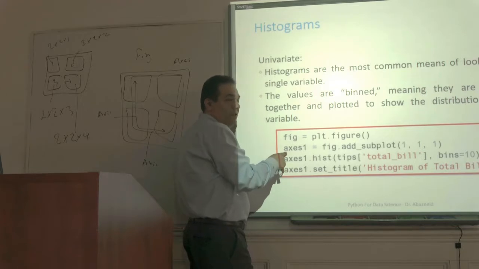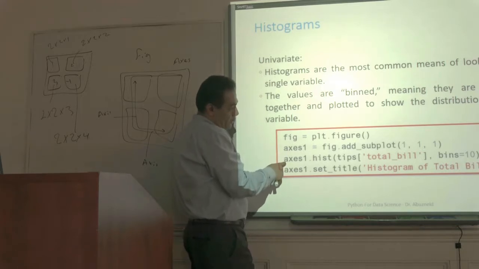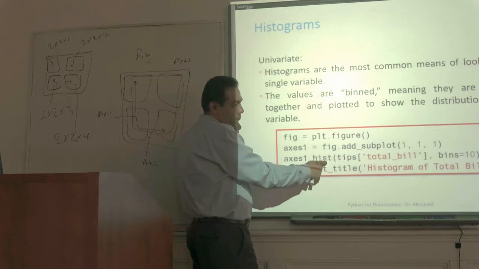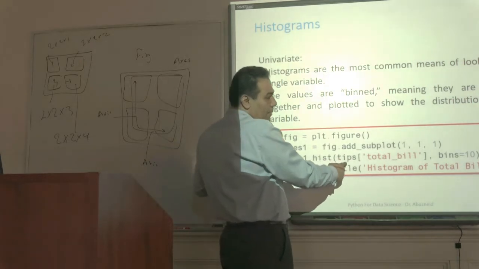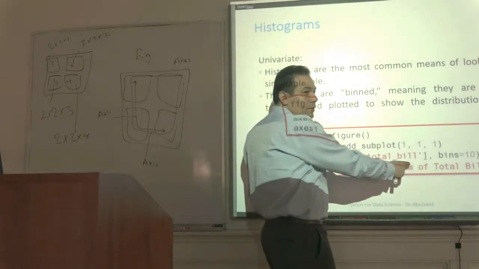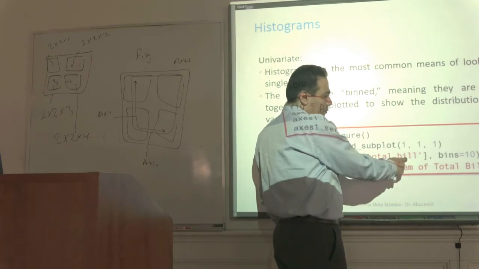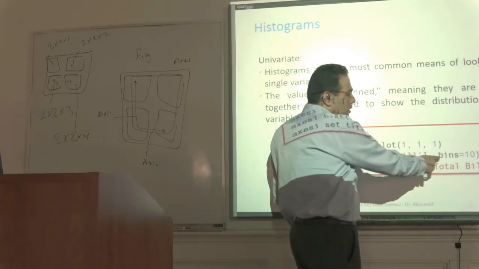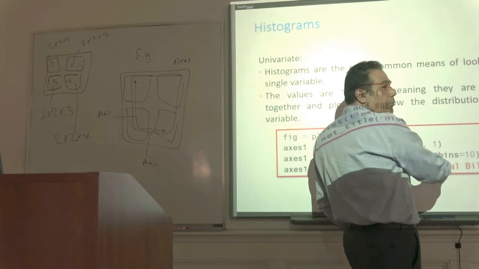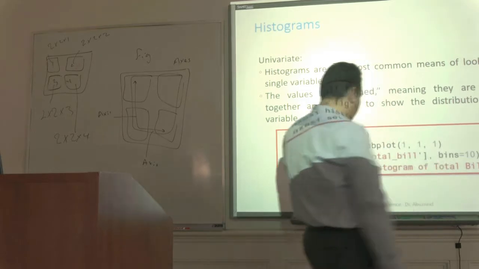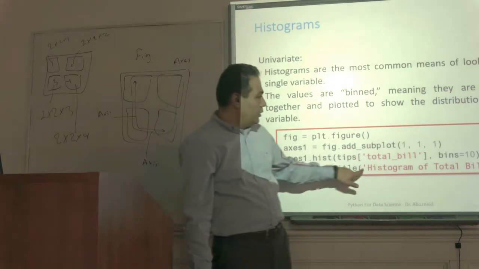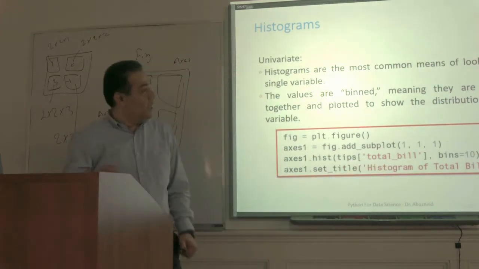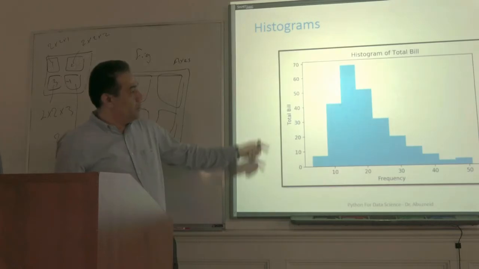Now I have to tell the axes what to draw. So axes 1 dot hist, from the tips data set, I'm only picking the total bill. How many bins am I creating? 10 bins. And then I'm setting the title: Histogram of the total bill. And what's the result? Here you go.